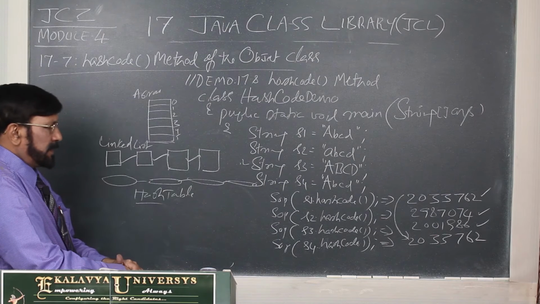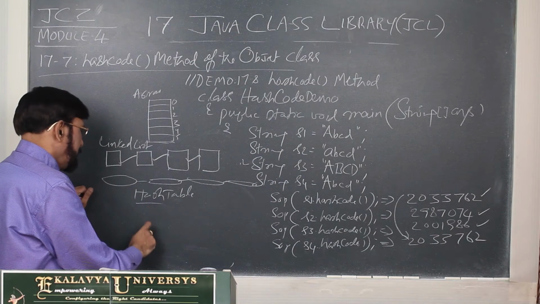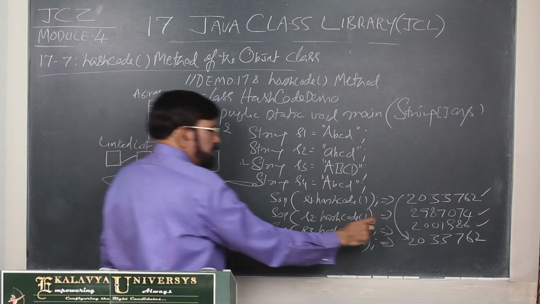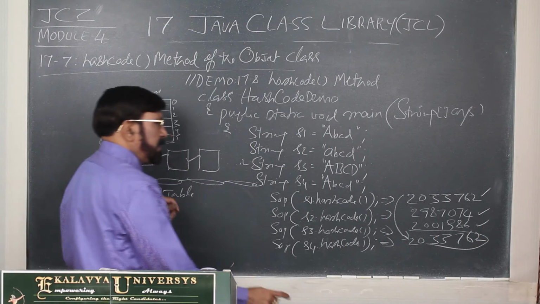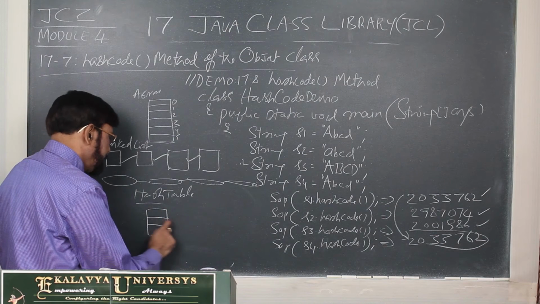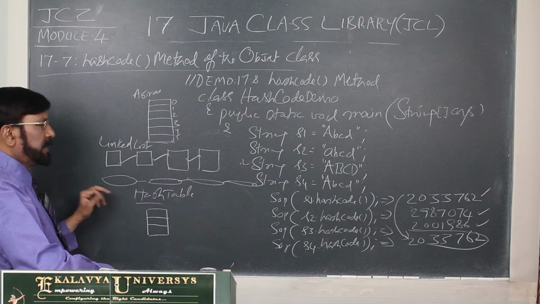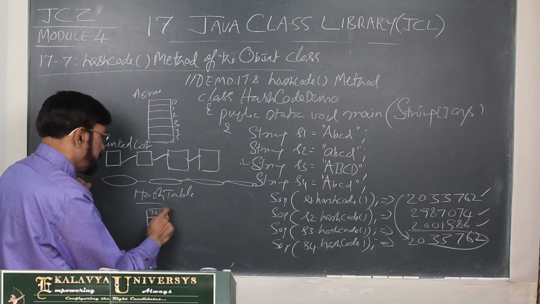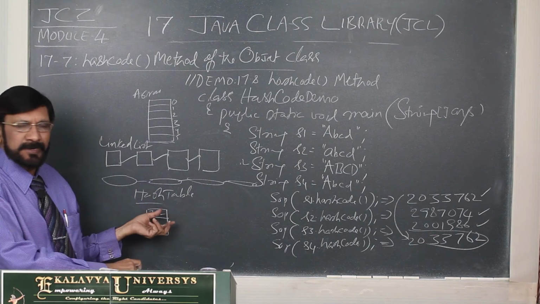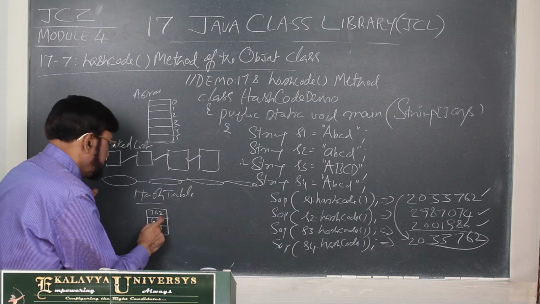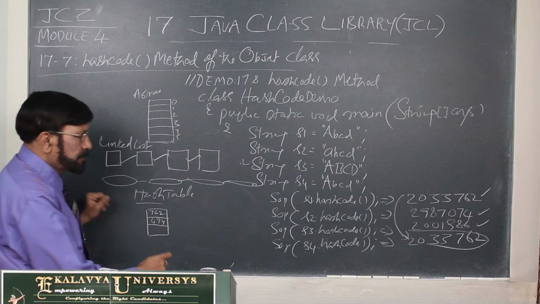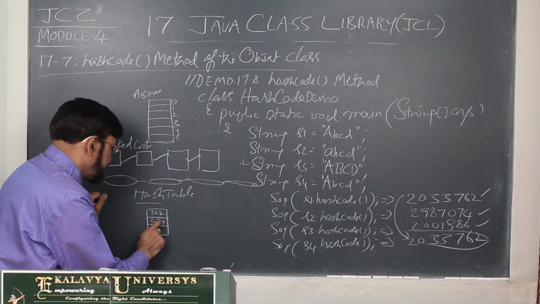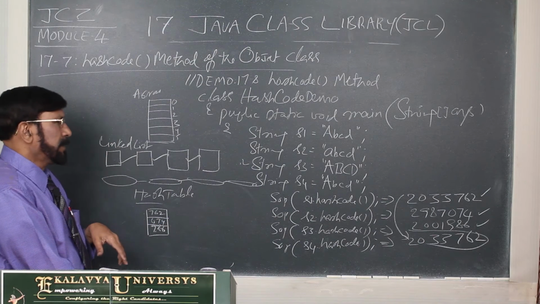Now you see, here a hash table is created. It is like an array. In this, for the sake of simplicity, I write just the last three digits of the hash code, 986.